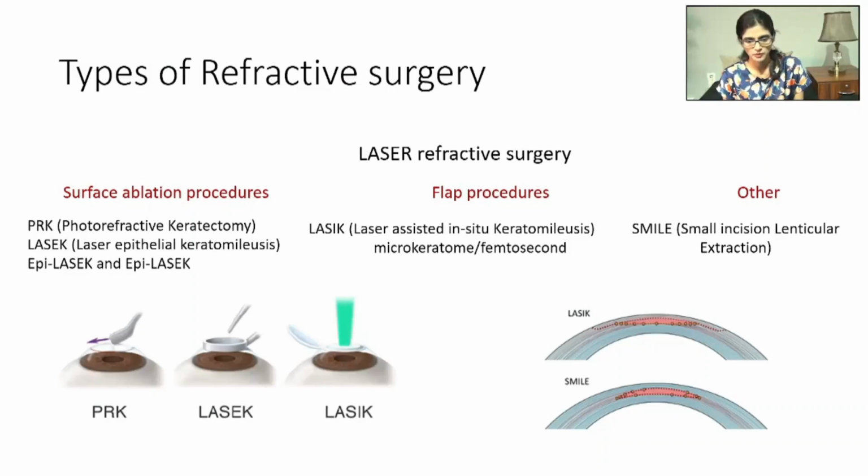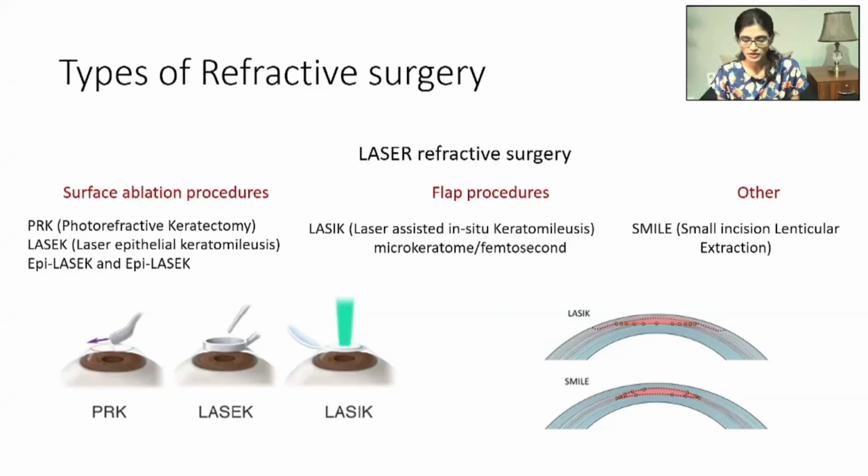Basically we remove some of the corneal stroma and remodel the cornea shape according to the refractive error. So in myopia, you would want to flatten the cornea. In hypermetropia, you would want to steepen the cornea to increase the eye's ability to converge light rays. So you use a laser, excimer laser, basically to remove this collagen so that you can remodel the shape of the cornea.